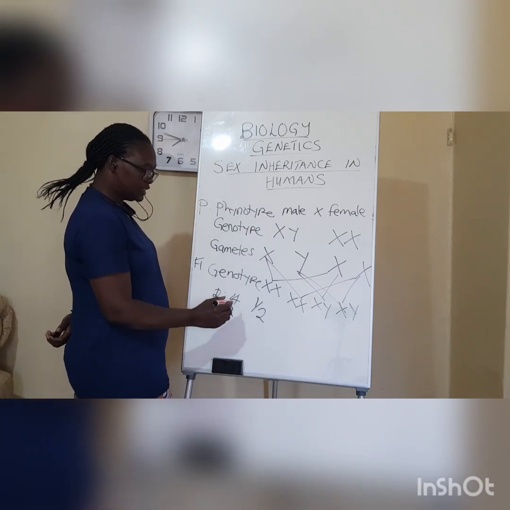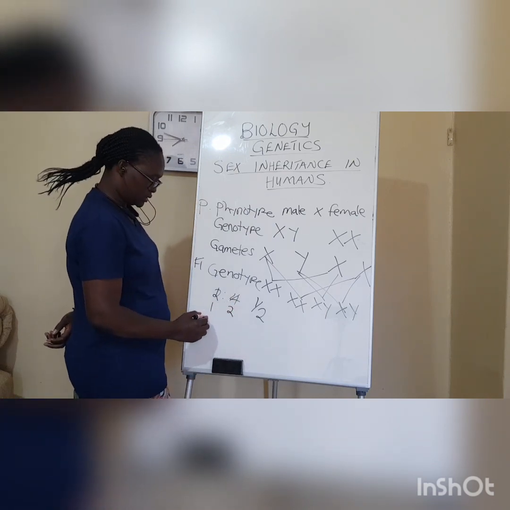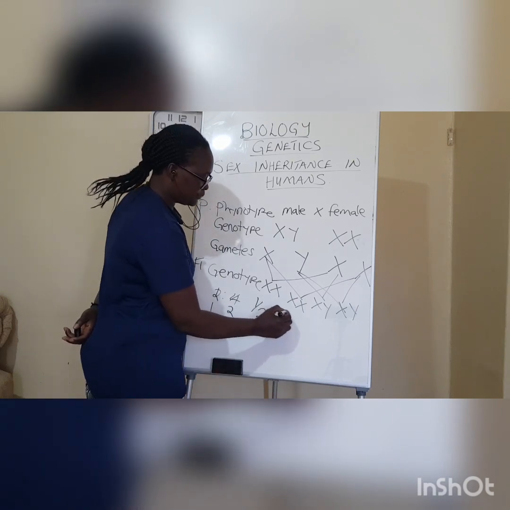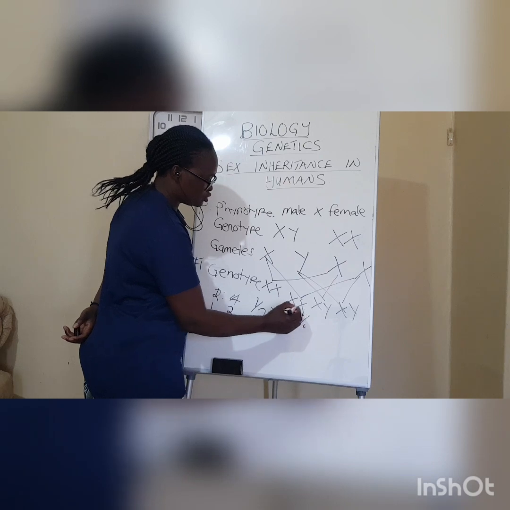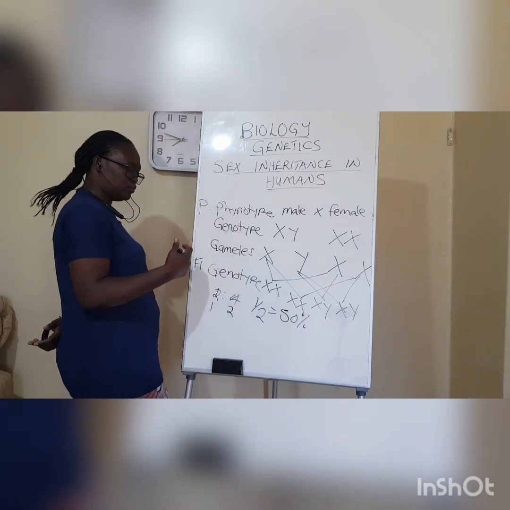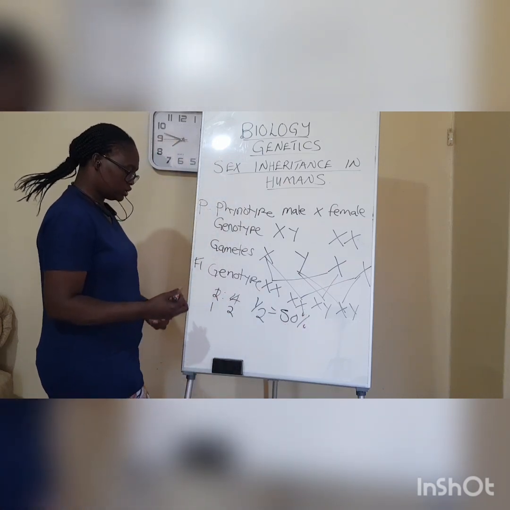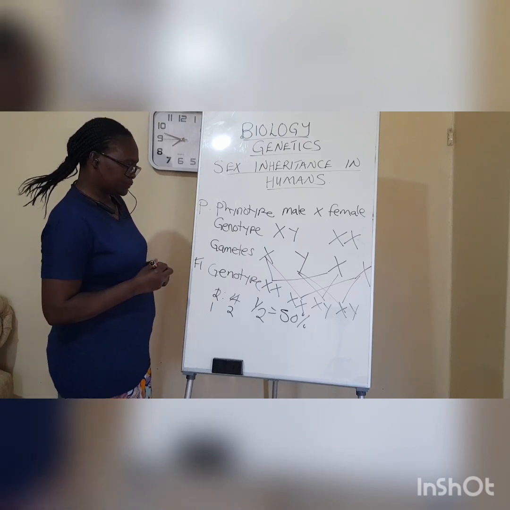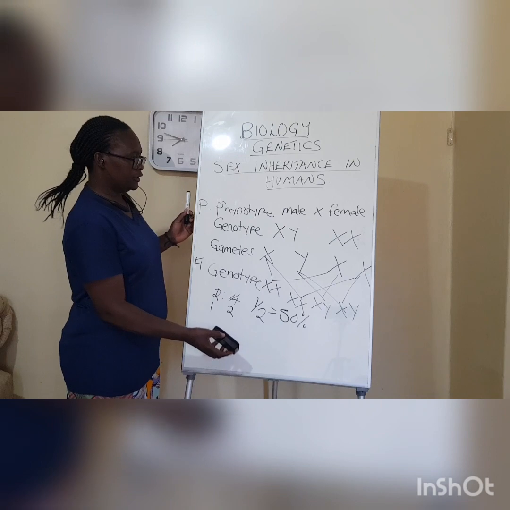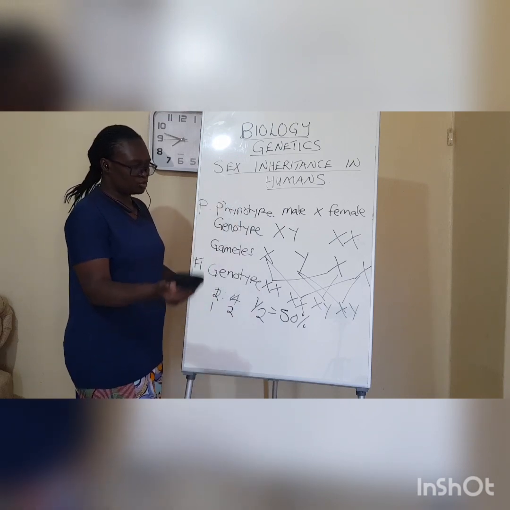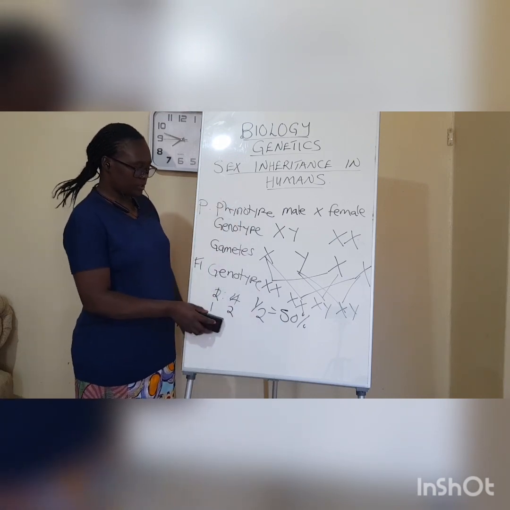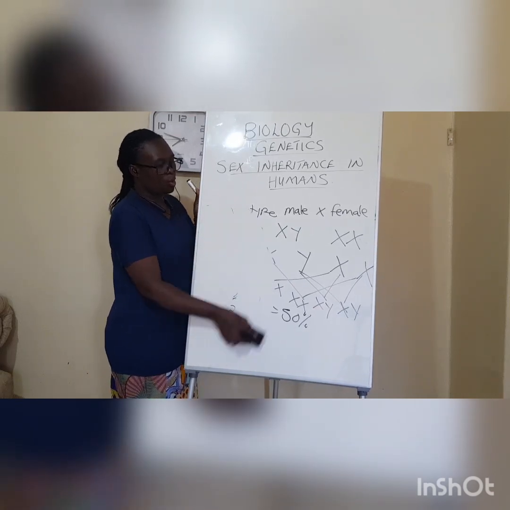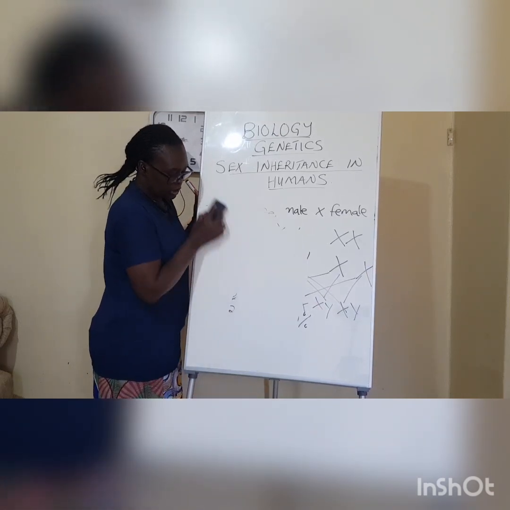Converted to percentage, this is a 50% chance of a boy child being born or a girl child being born. Very good. So this is how you prove that a pregnant woman will give birth to either a boy child or a girl child.